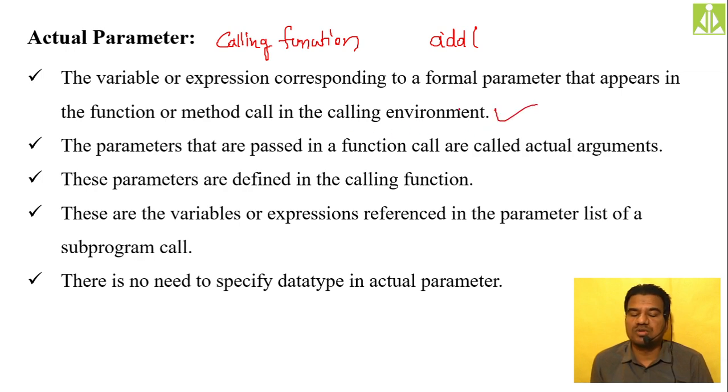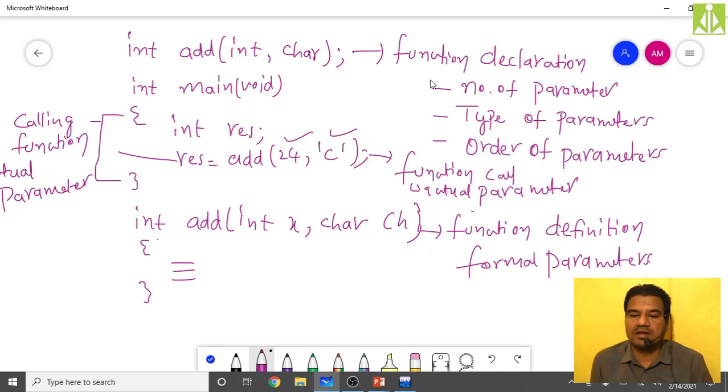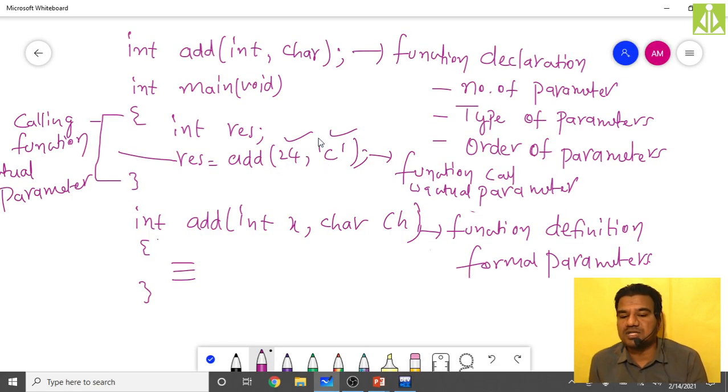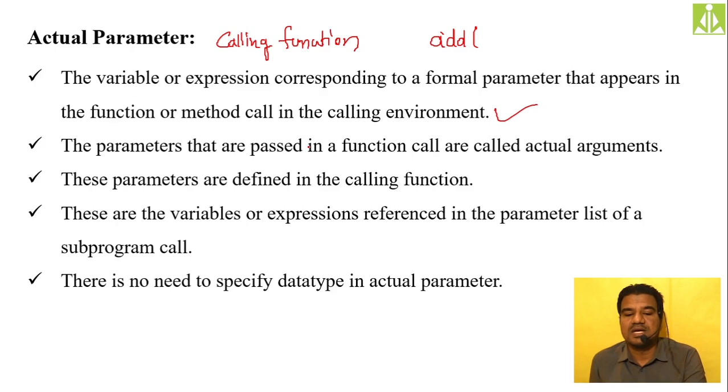Whatever the function declaration is saying, according to that we are passing the values, and they come inside the calling portion of the function, so we call them actual parameters.